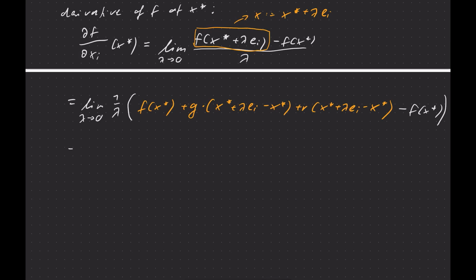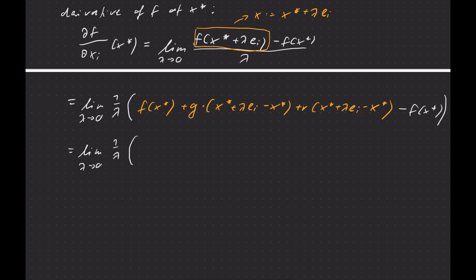Okay, so what you can see here is that a lot of things can be simplified. We have f of x star here and minus f of x star here. Those two will cancel out. Then inside of the g, the x star cancels out, so lambda ei remains, and of course the same is true for the expression inside of r.